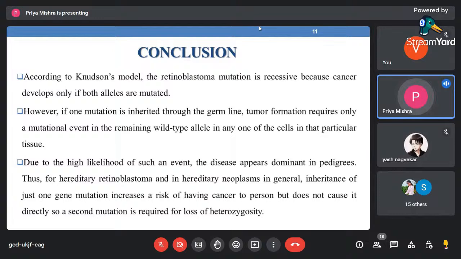So if there is a hereditary neoplasm, the risk of forming cancer is high, but it will not express unless there is a mutation in both alleles in that particular cell, which requires loss of heterozygosity. Therefore, it is said to be a recessive cancer.